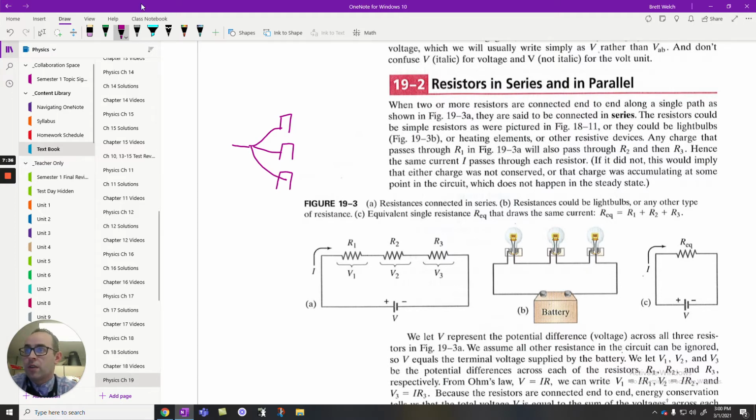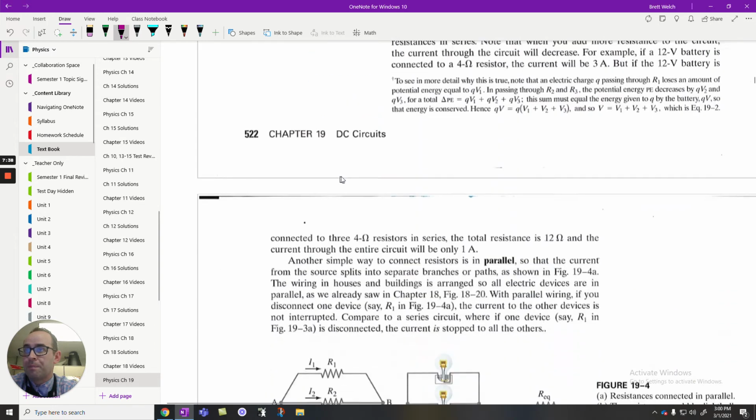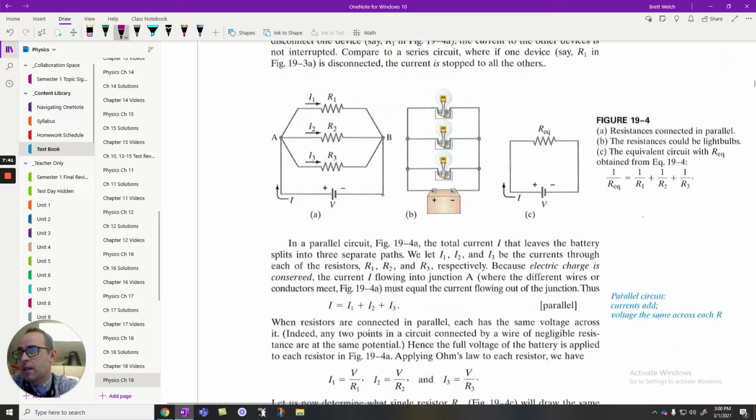So when we have a circuit with the resistors in parallel, which looks a lot like these, you can see how as I'm coming along, I get to this junction and I have choices. As I go through any one of these choices, because I can choose which one I want to go through, the equivalent resistance for that whole circuit, if I just replace all the light bulbs with one light bulb, would equal 1 over R1 plus 1 over R2 plus 1 over R3.